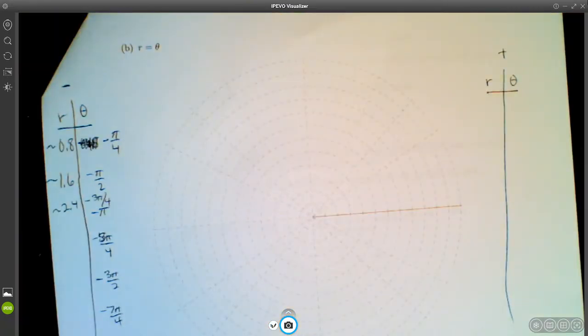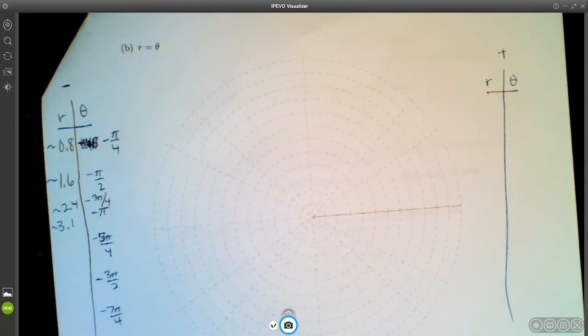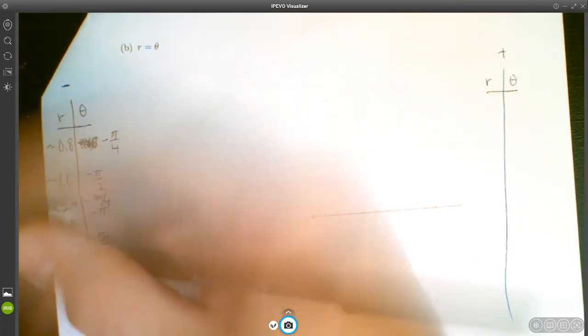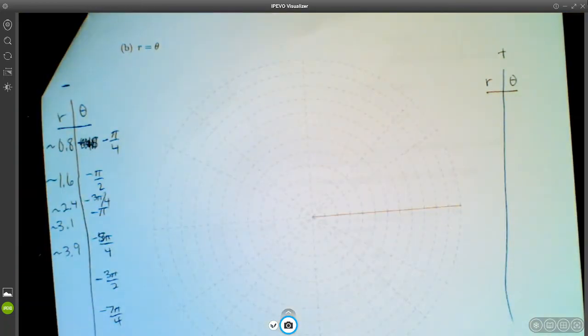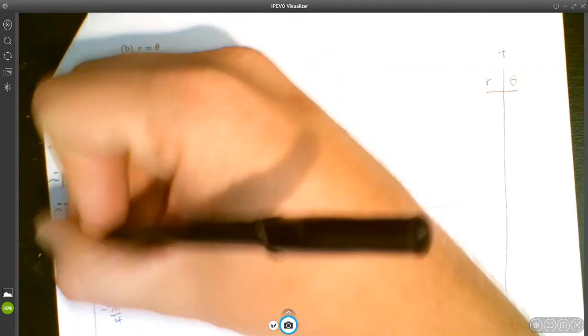Pi is about 3.1. 5 pi over 4 is about 3.9. 3 pi over 2 is about 4.7. Oh, these should all be negative, by the way.